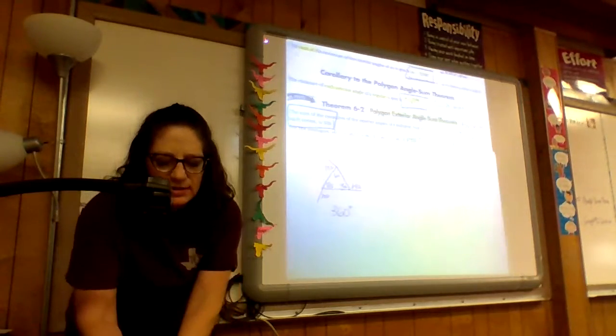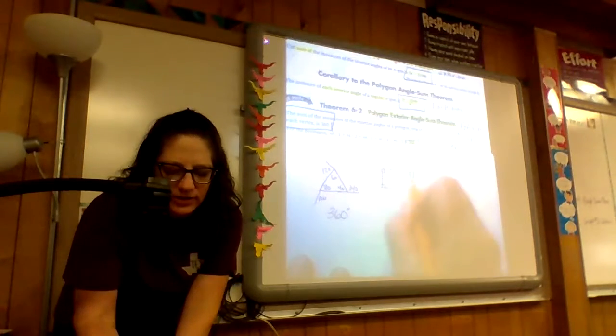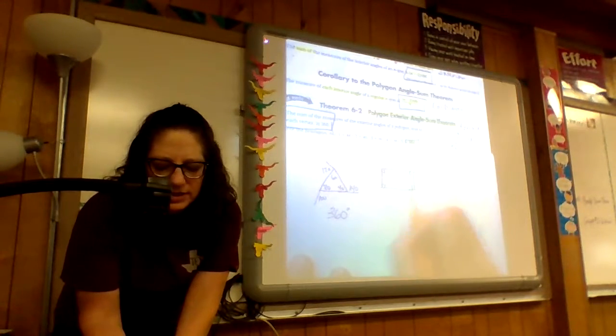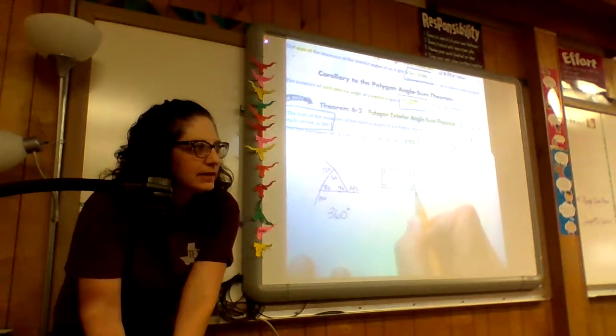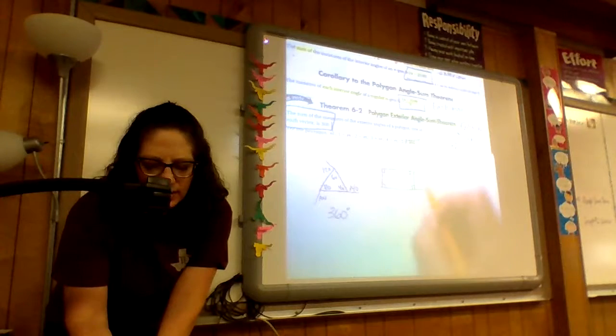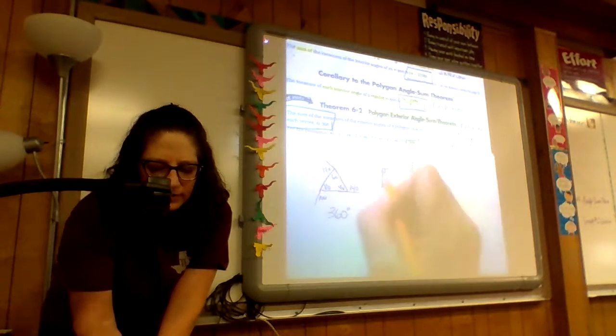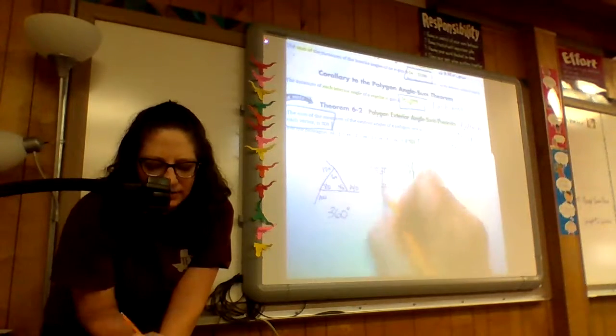Okay, I want to use the same idea with a rectangle. 4-sided figure that has all right angles. What is the exterior angle here? I need everybody watching and listening. Exterior. 90. What is the exterior here? 90. And here. 90. And here. 90.